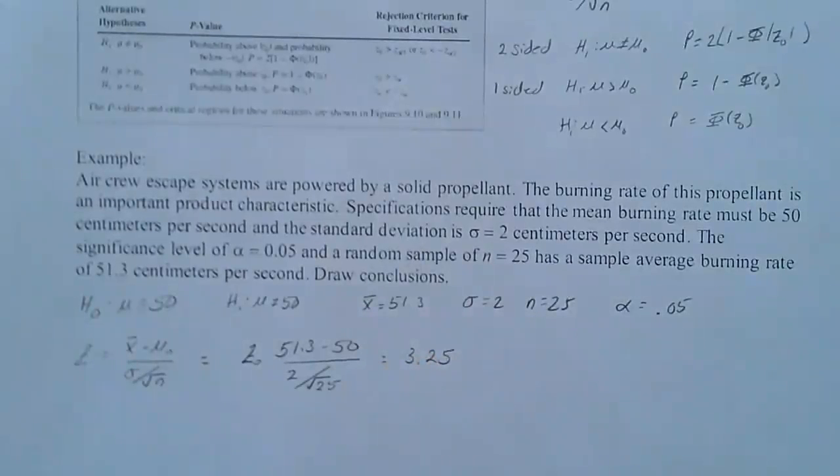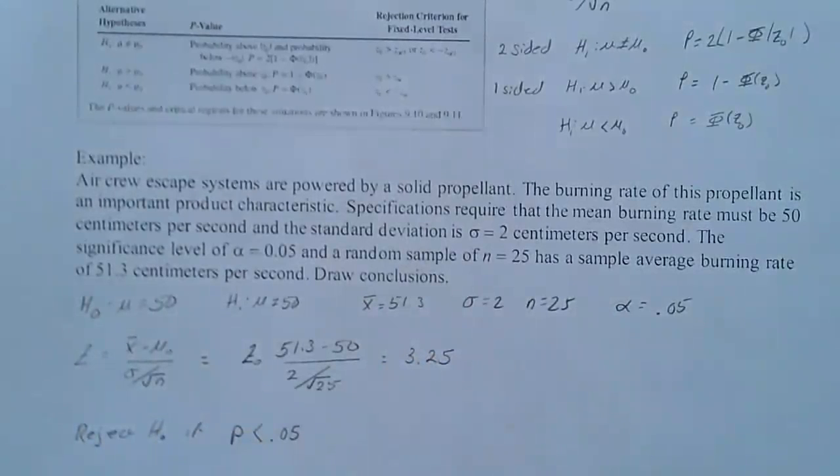So that's our z-test statistic. Well, what do we know about our rejection region? We know that we want to reject H naught if p is less than 0.05.